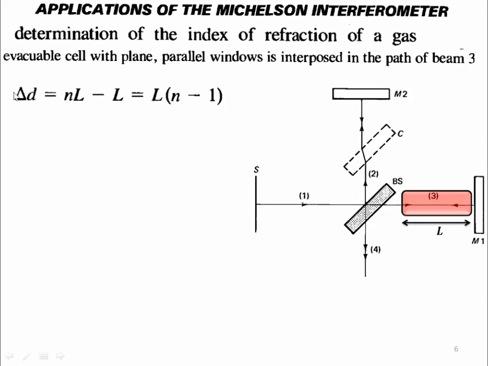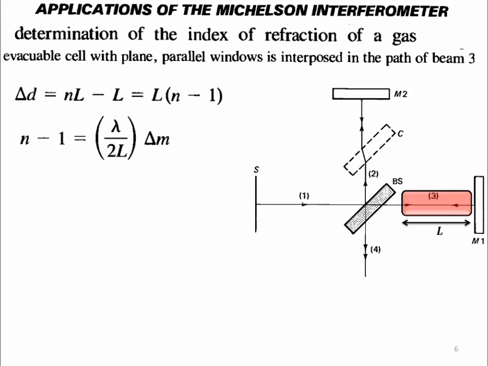So this delta D is equal to n, n being the refractive index of the gas which we want to determine, so n we have to determine, we don't know, into L, the length, minus L. So this is the path which the beam has to travel anyway, even without the gas. So the additional path difference will be delta D, which is equal to this one.